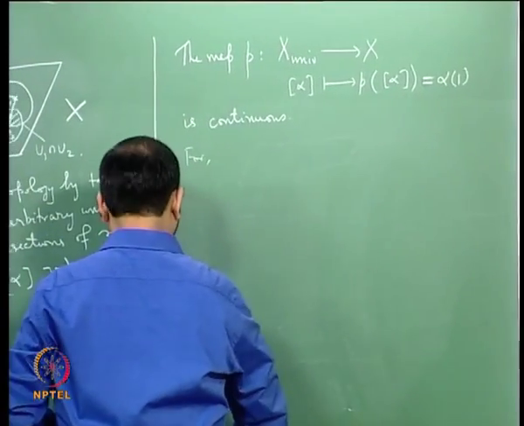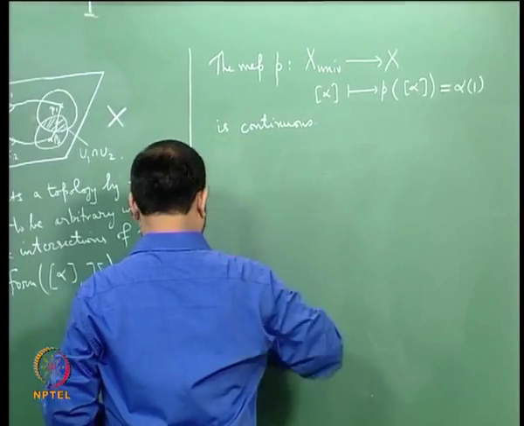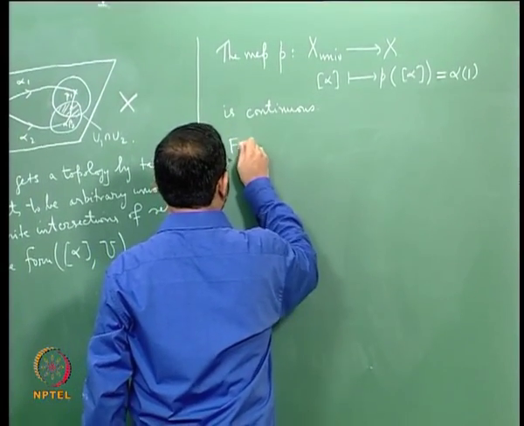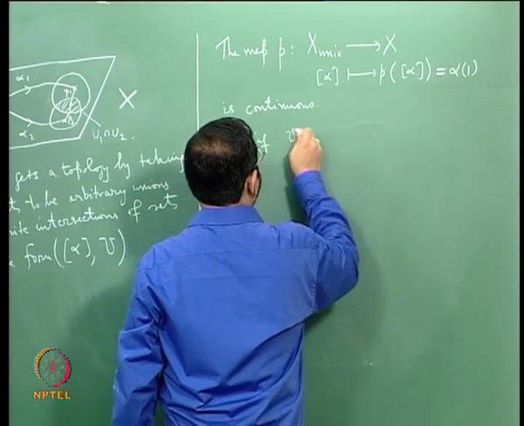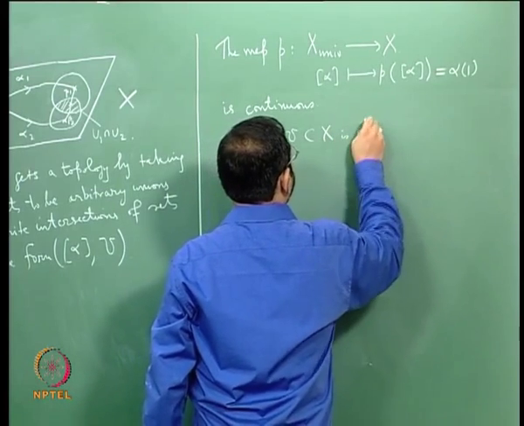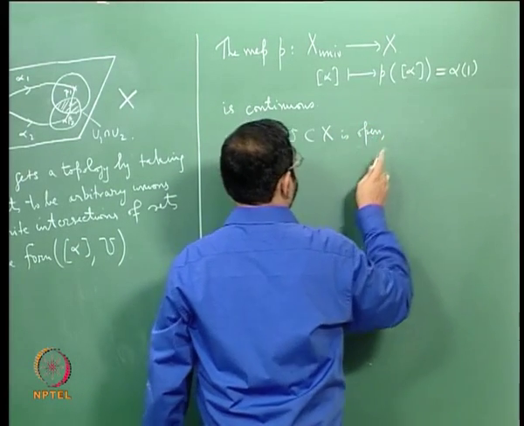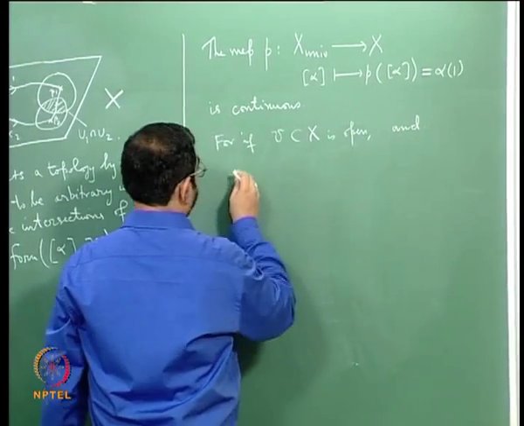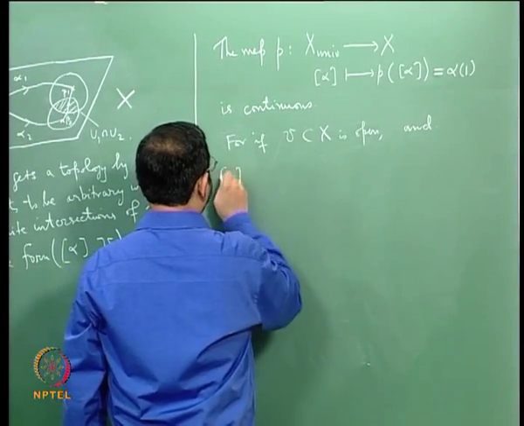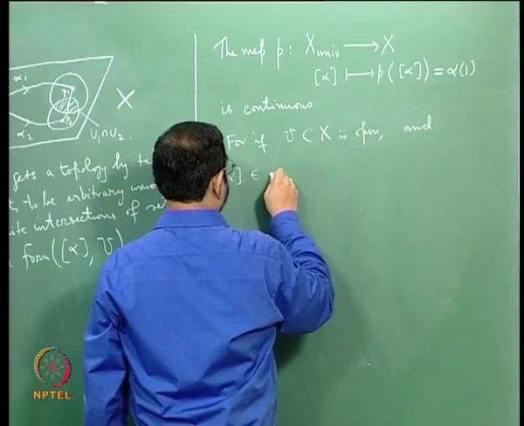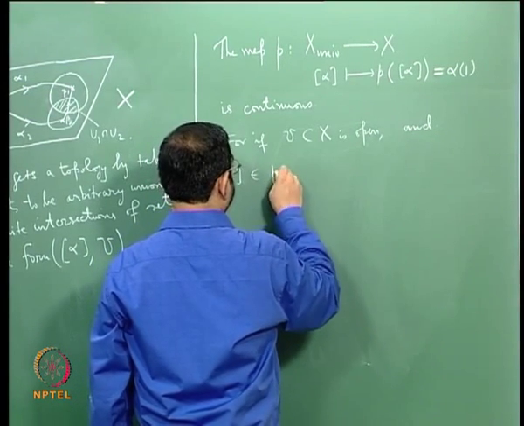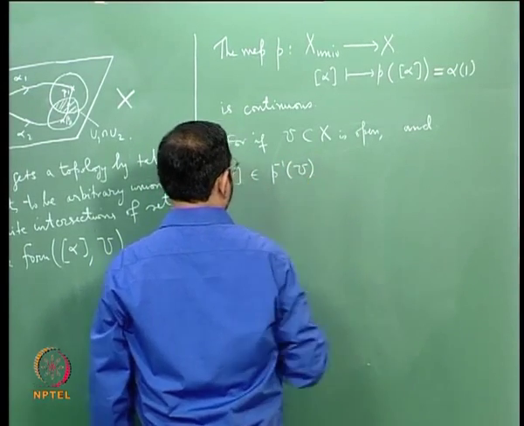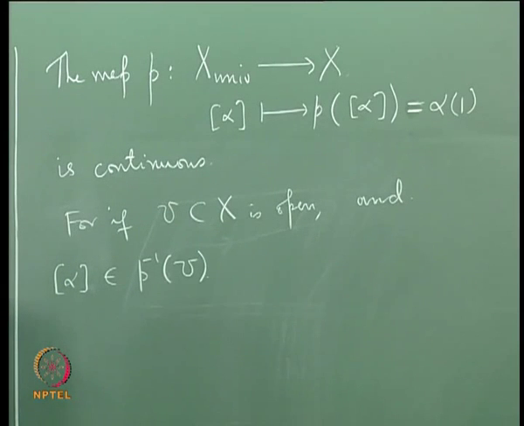So let me do this. If u in X is open and say alpha is in P inverse of u, okay, alright.